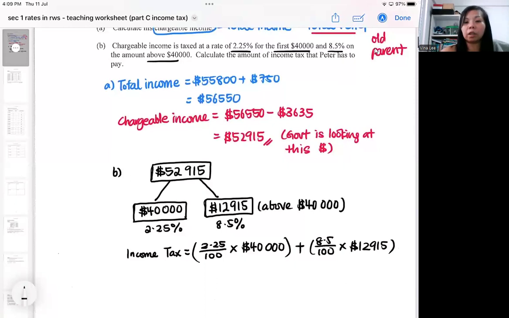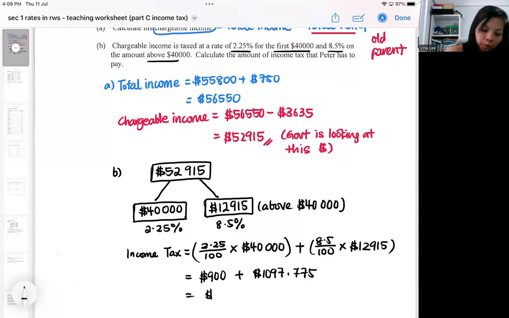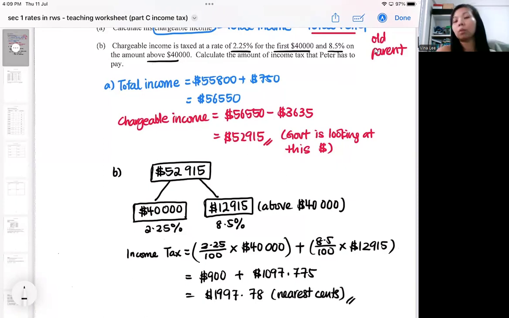So you split the chargeable income into two baskets, and then you punch the calculator. The first basket has $900 tax. The second basket has this amount. So total them up. Usually we give it to the nearest cent, or sometimes they will tell you the nearest 10 cents. You look at the units that they want.